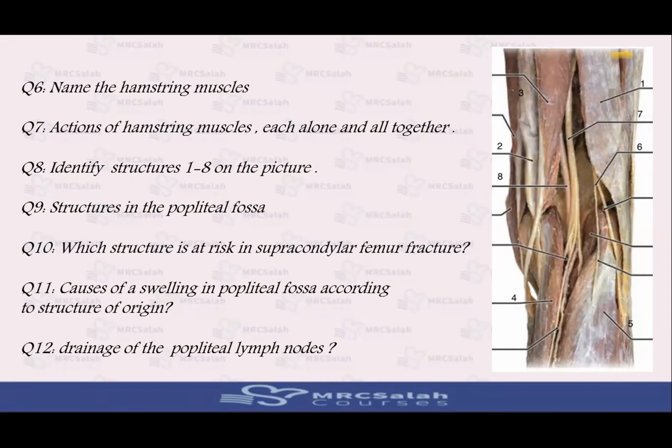What goes into the popliteal lymph node? Which parts does it drain? I'm not sure. The small saphenous vein, the deep areas of the leg and the foot, and also the overlying skin.